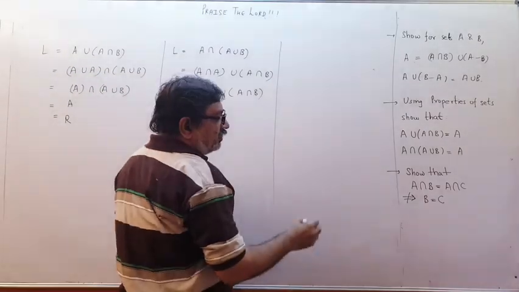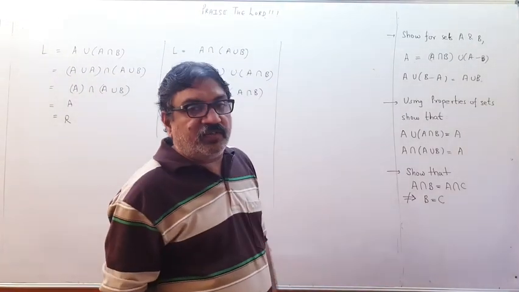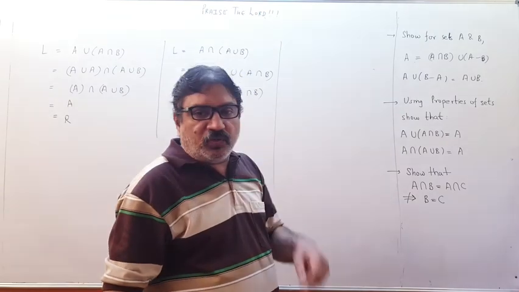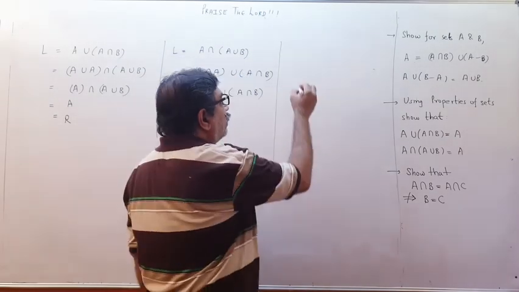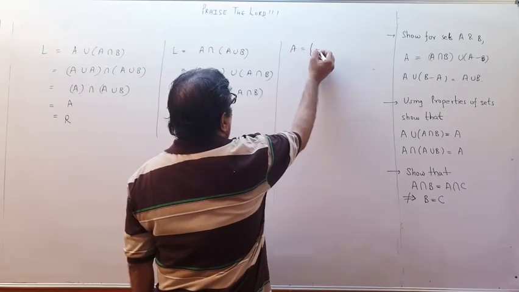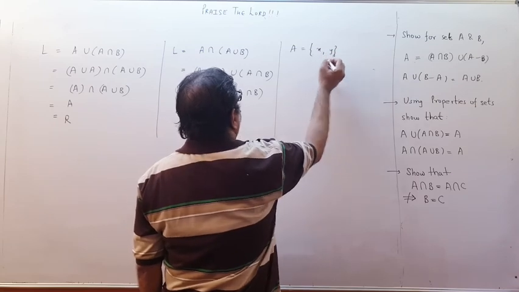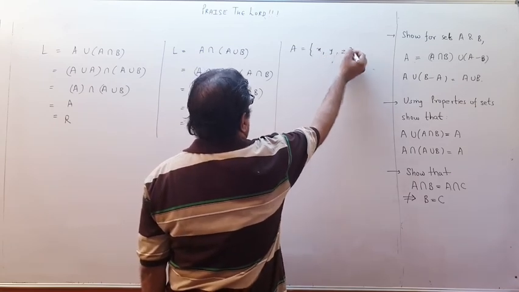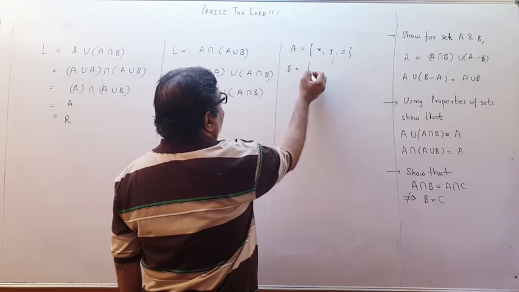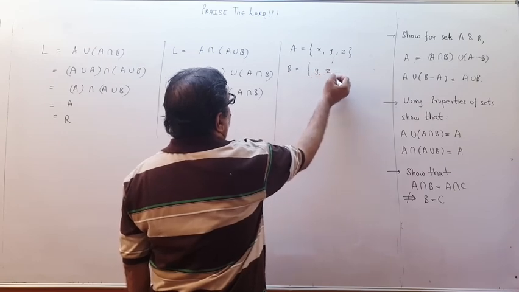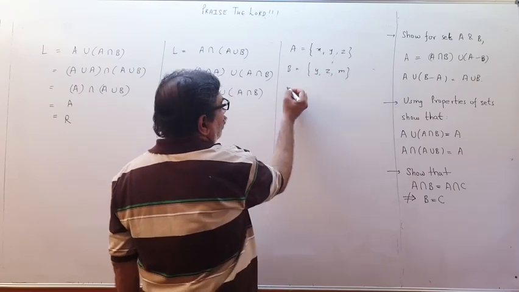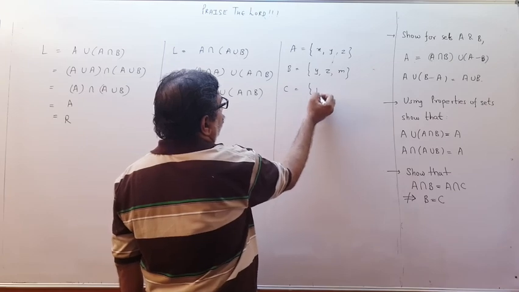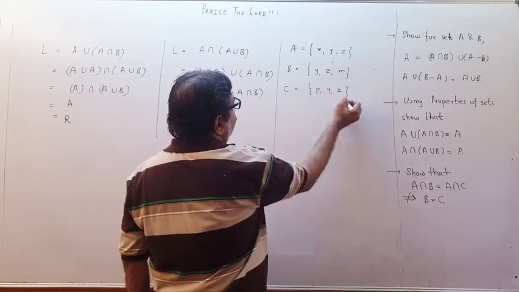The third one is A intersection B is A intersection C. So we have to show that B not equal to C. We can take a counter example. Supposing A is XYZ, so B is YZM. And supposing C is PYZ.